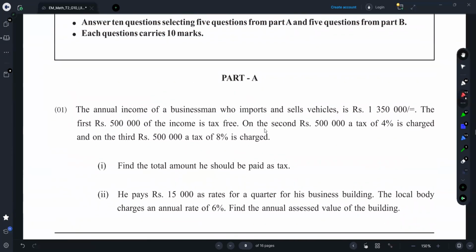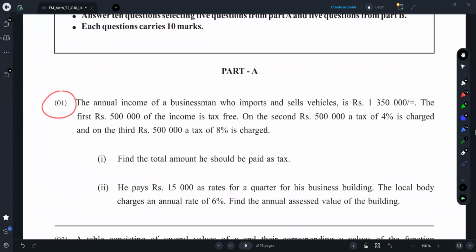First, take a good look at the question and read it well. The annual income of a businessman who imports and sells vehicles is 1,350,000 rupees.